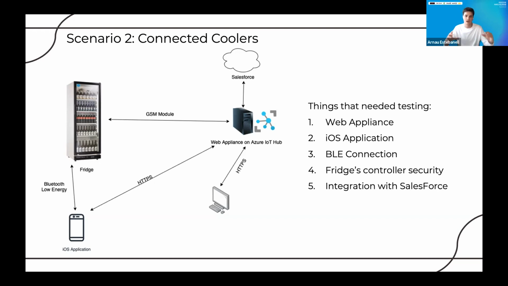So you see, again, a pretty complex architecture where you need to test different things in order to give some assurance on the whole system. The things that needed testing here were the web appliance, the iOS application, the Bluetooth Low Energy connection, the controller of the fridge, and also the integration with Salesforce.